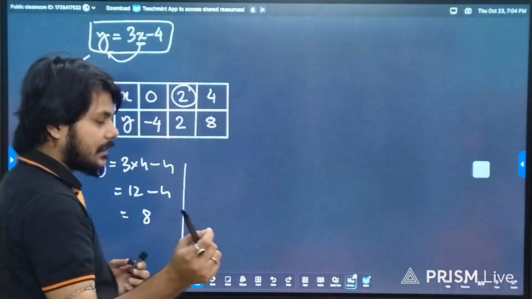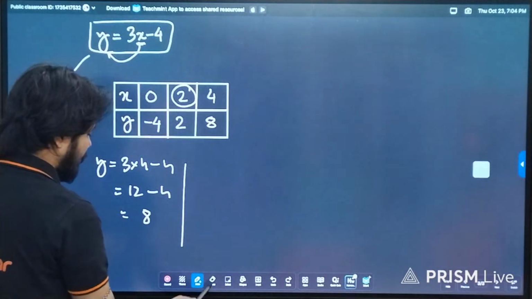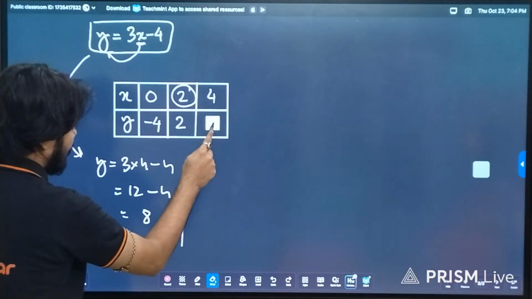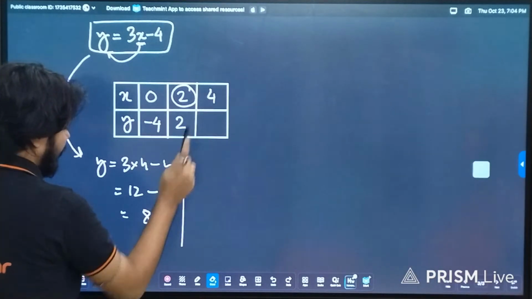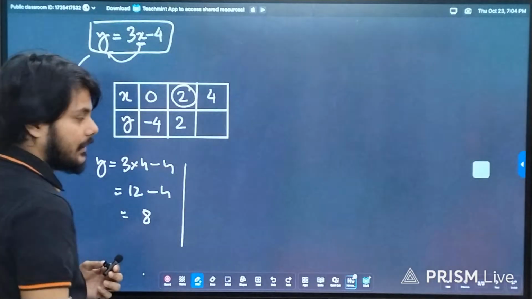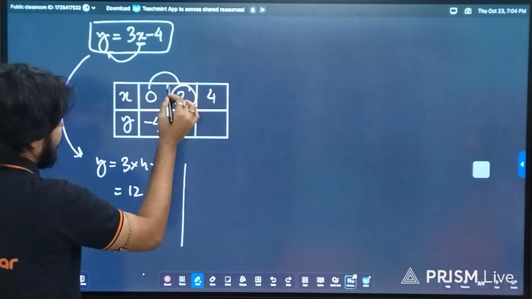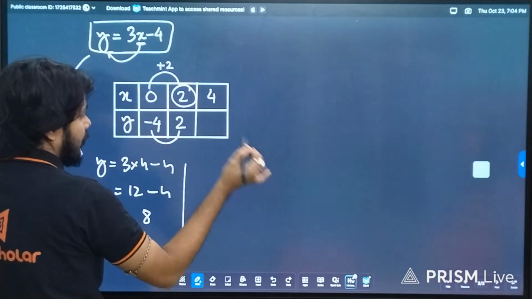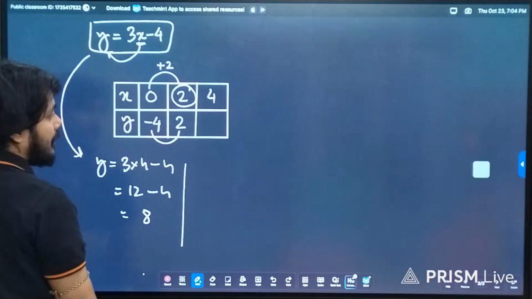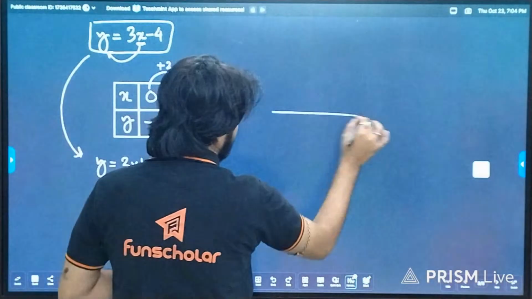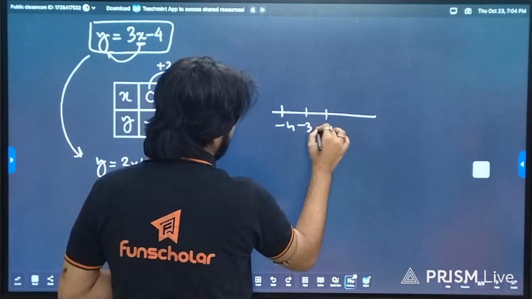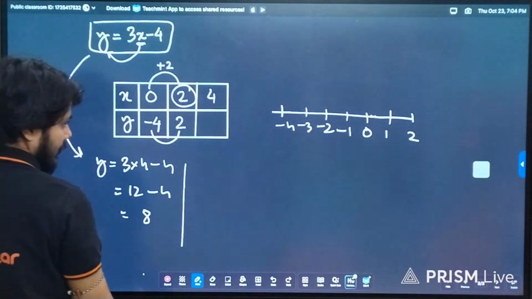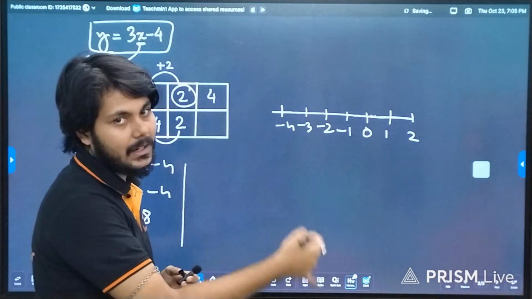Now let me tell you something. Suppose you don't know what to write in this box. If we increase x by 2, then from minus 4 to 2, what is the increment? See, this is minus 4, minus 3, minus 2, minus 1, 0, 1, 2, the simple number line.